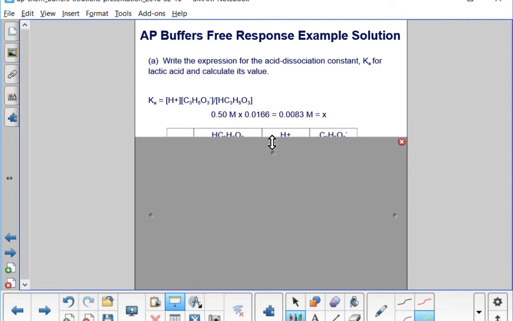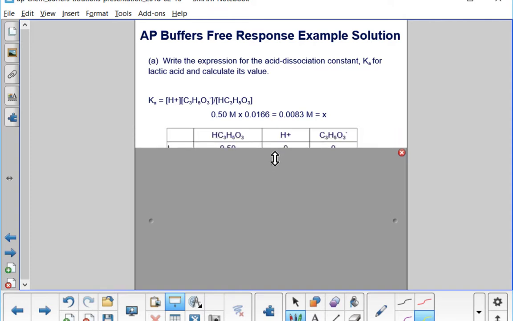So we can say that 0.5 molar acid, the original amount of the acid, times the percent dissociation, 0.0166, is equal to 0.0083 molar. So that is how much of the acid has dissociated.